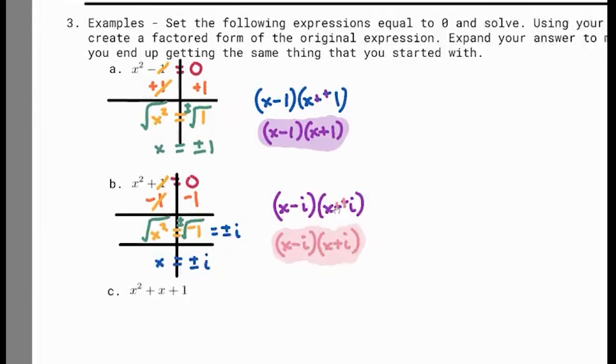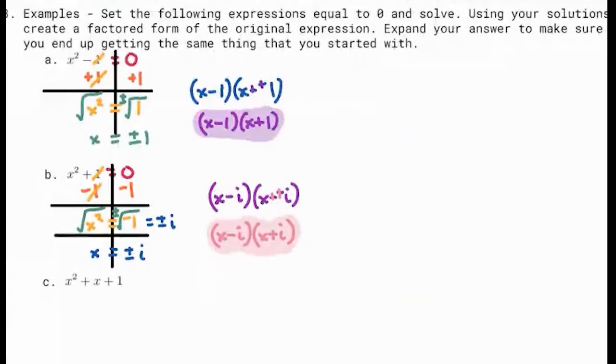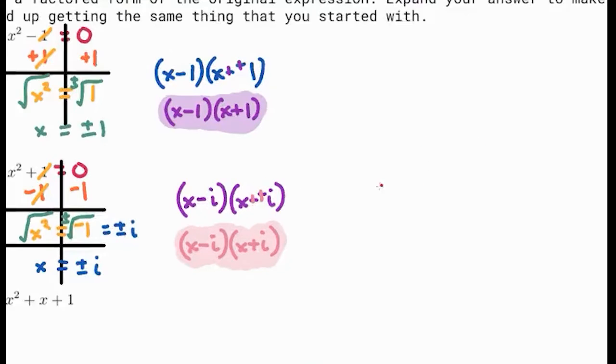Now what I want to do is I just want to show you how to check your work on this. The easiest way to check your work on this is to grid it out, essentially. So that's what we're going to do. We're going to do x plus i times x minus i, and we're just going to basically fill this in.